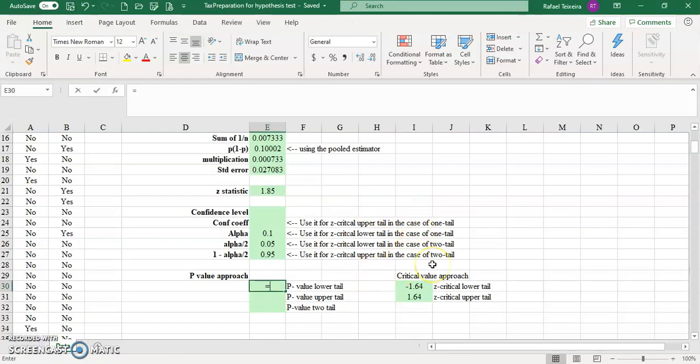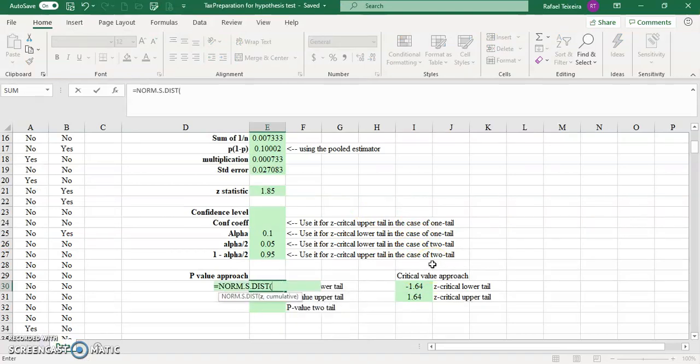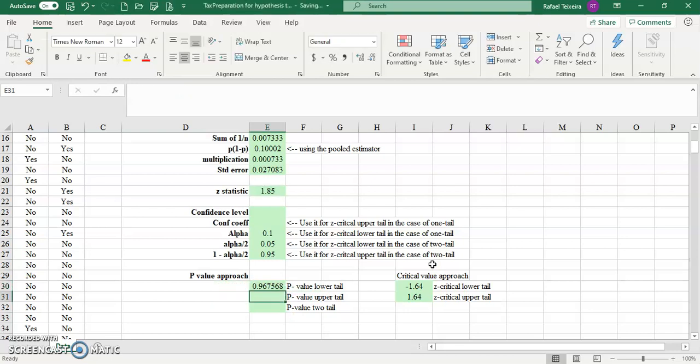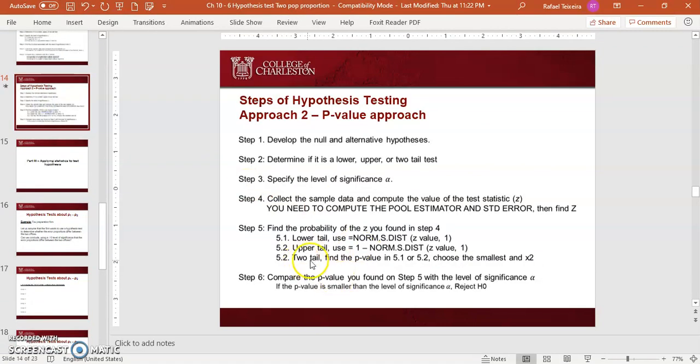So for the lower tail is equal NORM.S.DIST z comma 1. In the upper tail, and we have here on the slides too on my steps, two tail, find the p-value, and in the lower tail, use this formula.